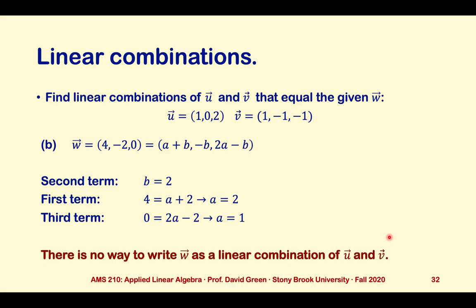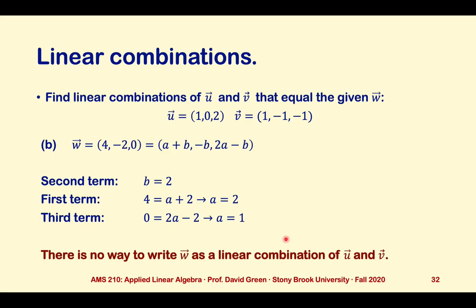This example is important for two different but related reasons. First of all, it highlights the fact that you can't always write an arbitrary vector as a linear combination of other vectors.